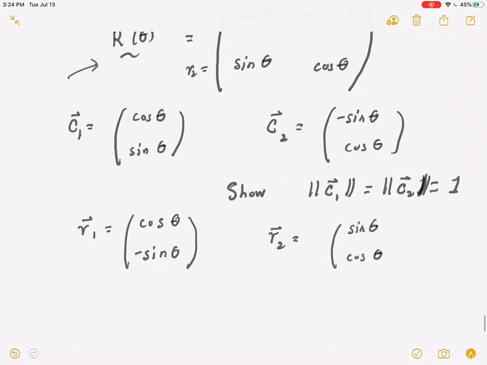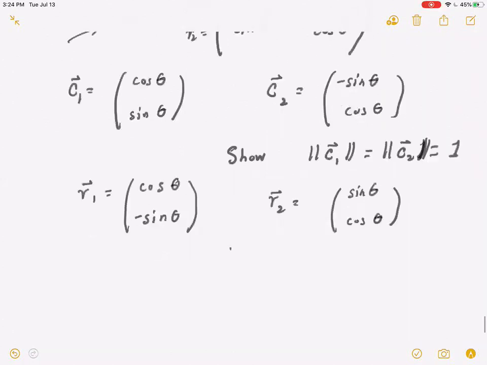It is easy to see, again, I leave it to you as an exercise, that the norm of row vector R sub 1 equals the norm of R sub 2, which equals 1.